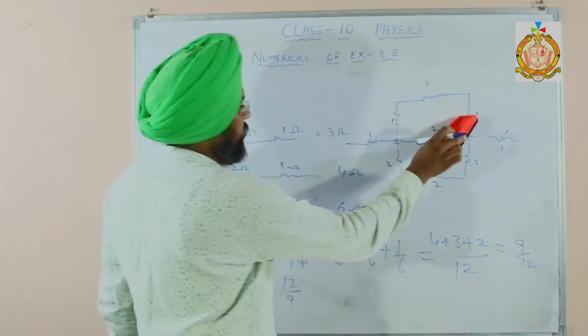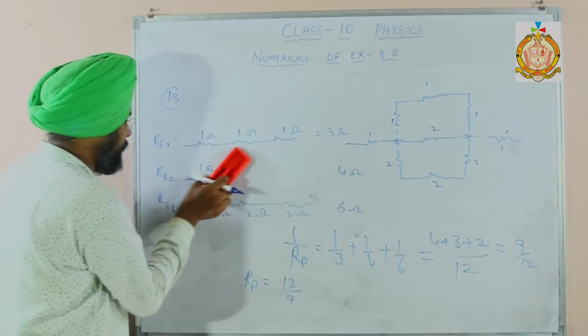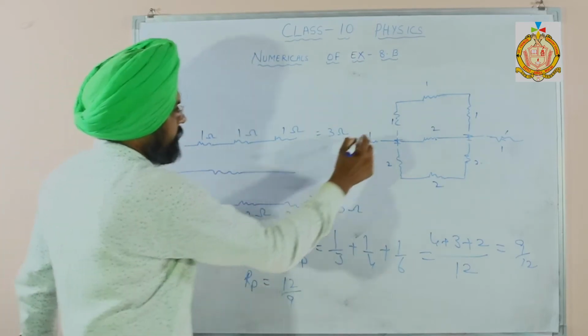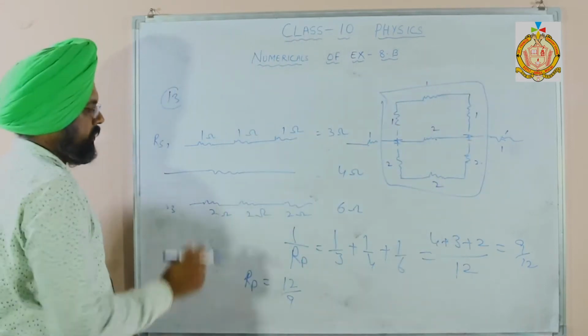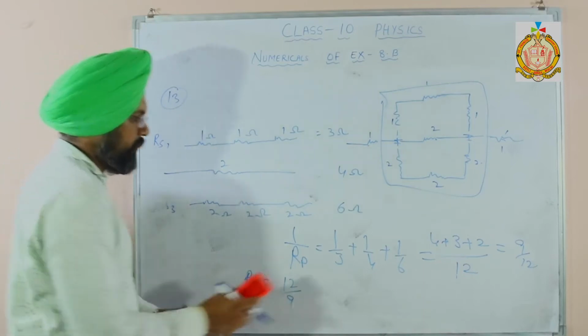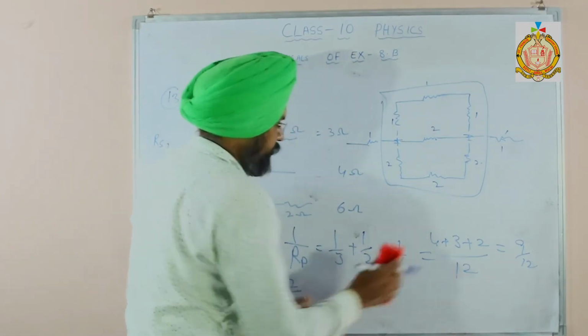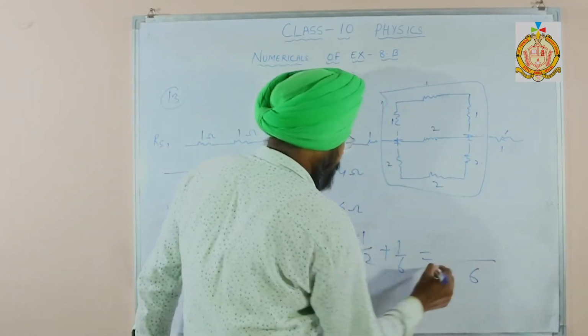This 3 becomes in series, this also in series, and in the center only 1 ohm is there. This can split. First you find out the resistance of this portion. So here is 2 only, so here we can write 2 only. So 1 upon 2, now LCM will be 6.